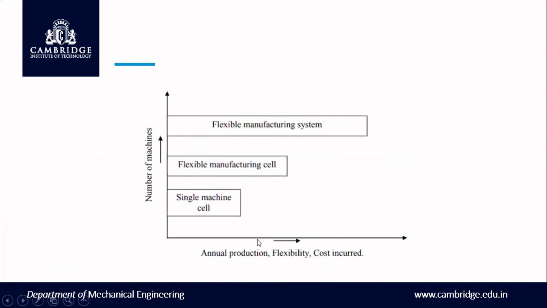For a single machine, the number of machines required is one. Then comes the flexible manufacturing cell, and then the flexible manufacturing system. If you use a flexible manufacturing system, annual production increases, flexibility increases, and cost also increases. Here it is moderate, here normal. That is the case.